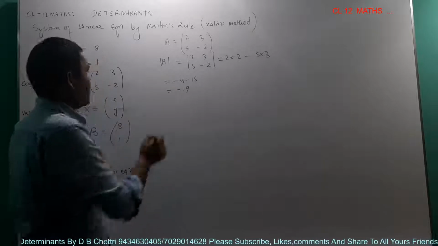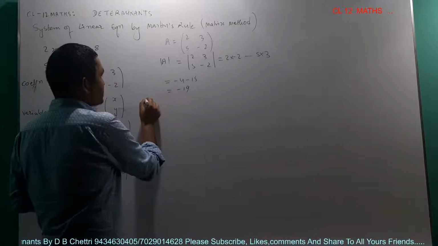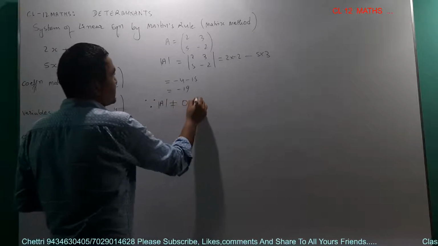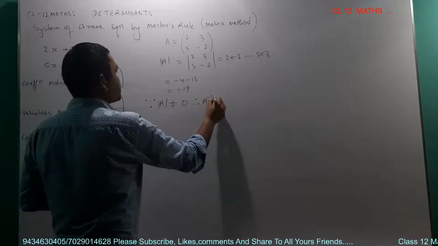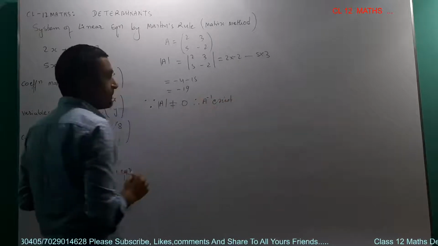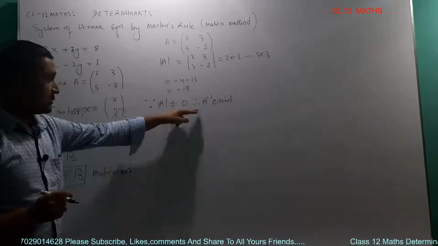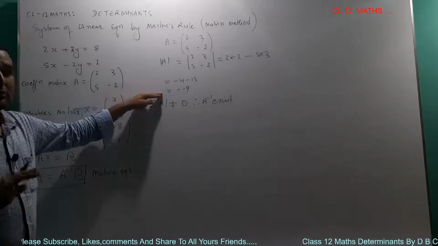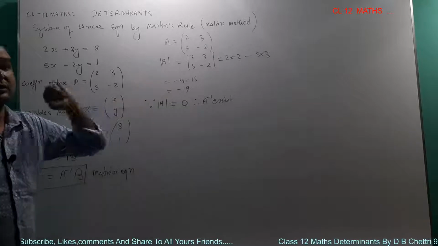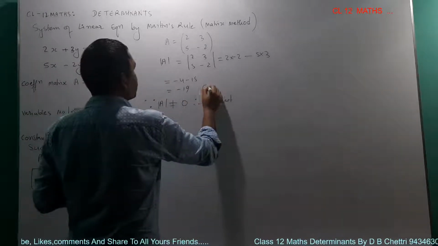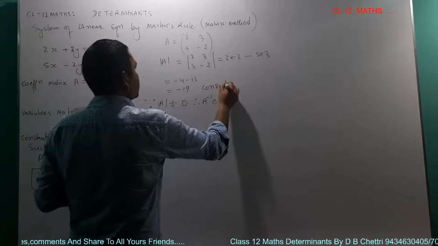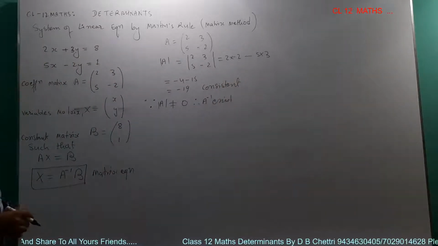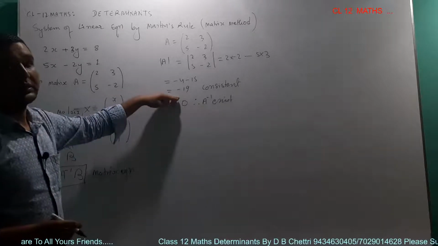Since the determinant of A is not equal to 0, therefore A inverse exists. We need A inverse to solve these equations. If it is 0, there is no need to solve further, just write inconsistent. If the answer comes 0, you can write inconsistent.